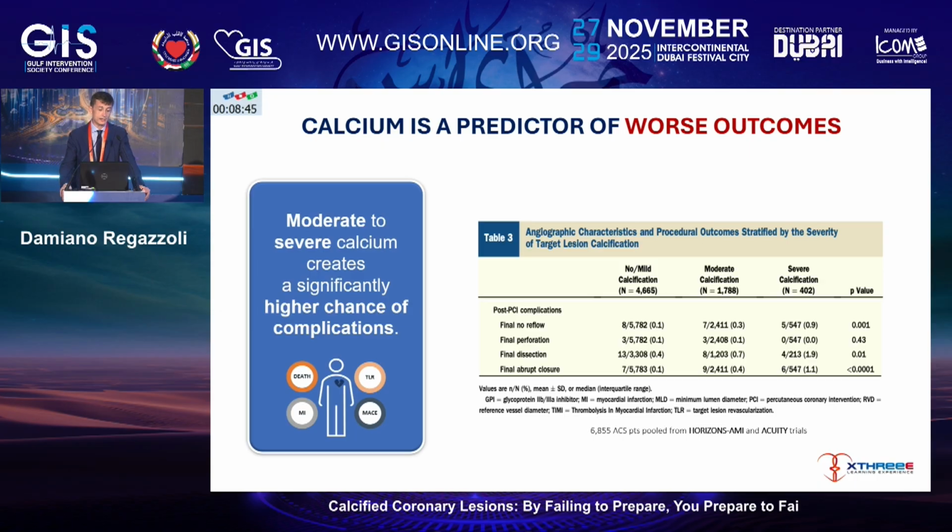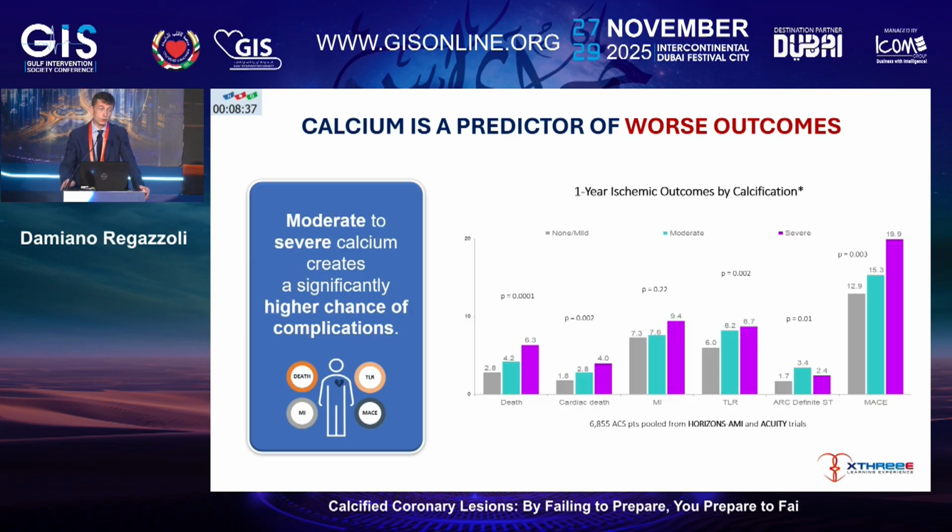So when we are treating calcific lesions, we will have a higher rate of complications, but not only acute complications, because also the rate of chronic complications, so let's call it stent failure, will be increased when we are dealing with calcific lesions. So target lesion revascularization, target lesion failure, target vessel MI will be increased when we are treating calcific lesions.